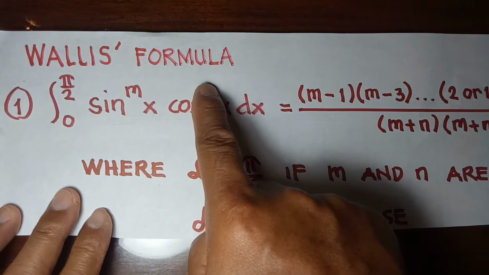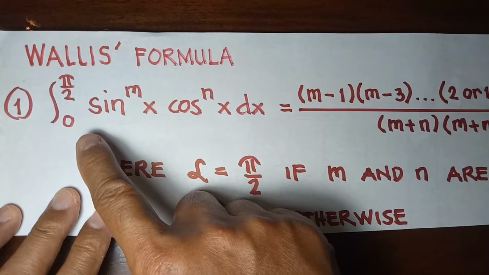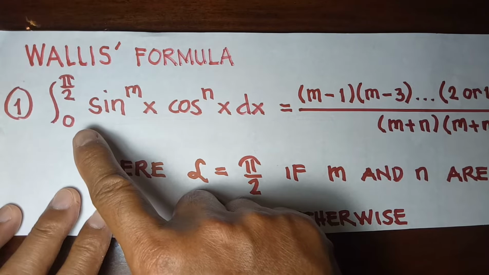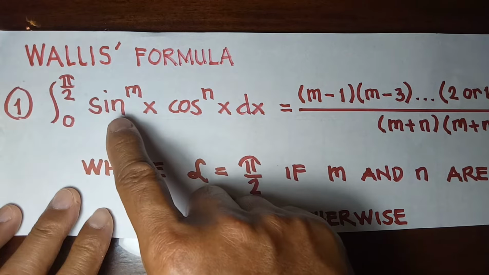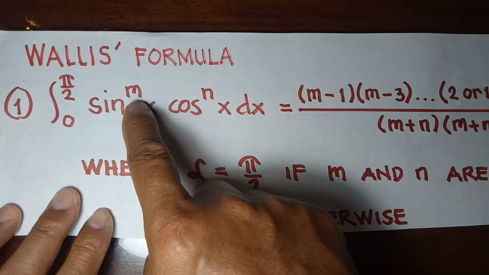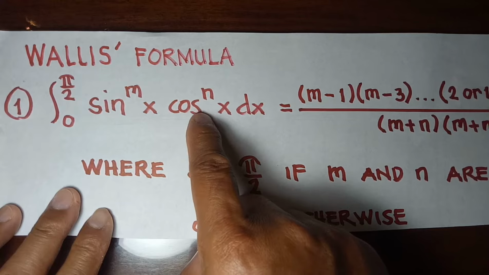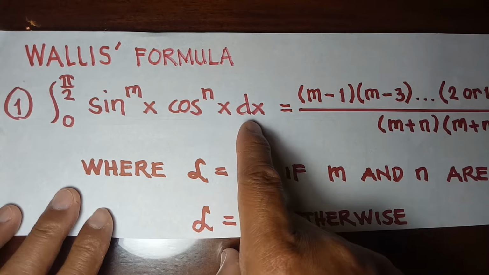Wallis formula. So ito yung general form ng Wallis formula. Integral from 0 to pi over 2 of sine raised to m of x cosine raised to n of x dx.